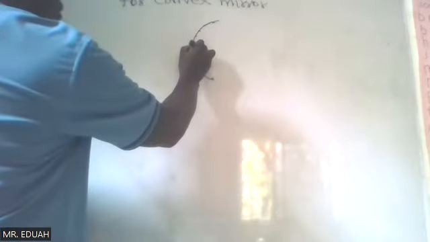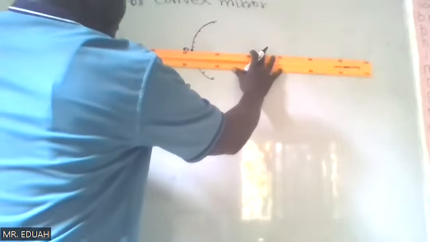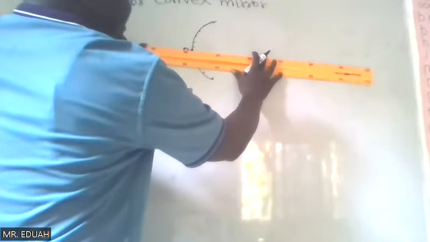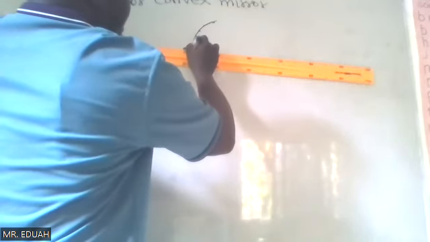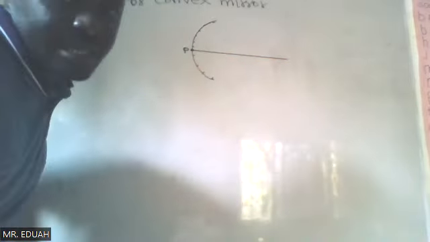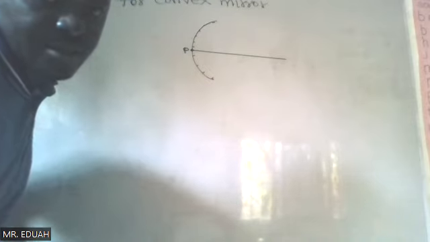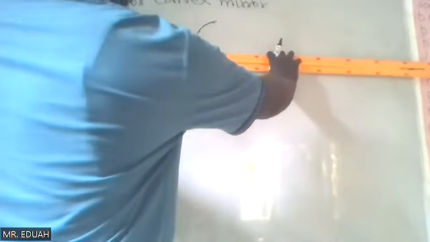This is the pole, then the principal axis. We take the same measurement as we measured for the concave mirror.